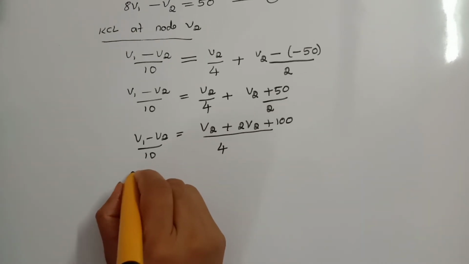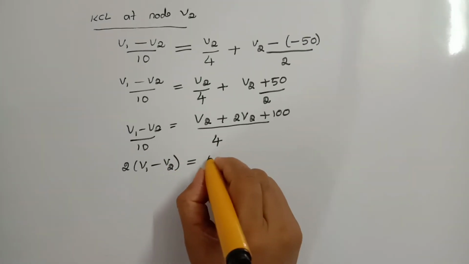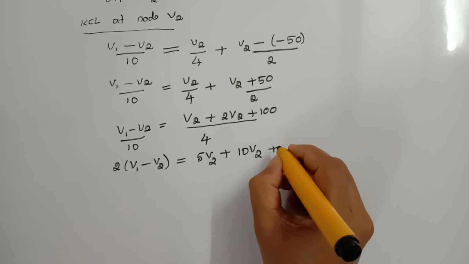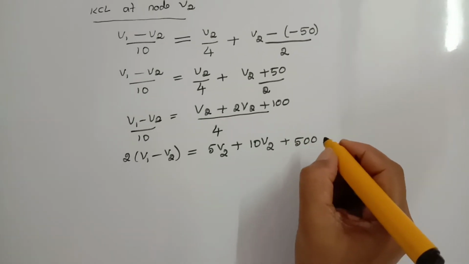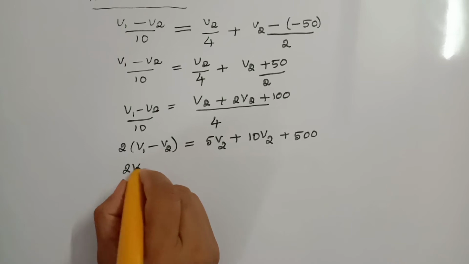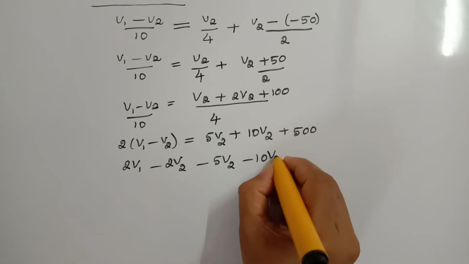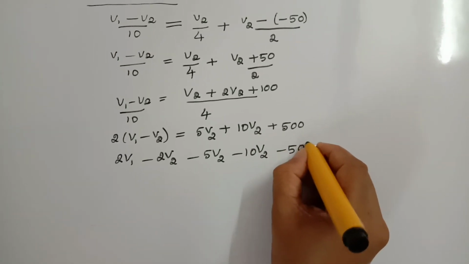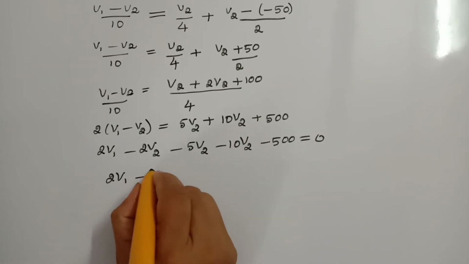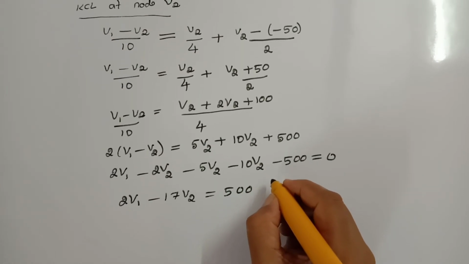Or we will simplify this. 2 times (V1 minus V2) equals 5V2 plus 10V2 plus 500, or we will take all the terms in one side, so it is 2V1 minus 2V2 minus 5V2 minus 10V2 minus 500 is equal to 0, or it is 2V1 minus 17V2 is equal to 500, the second equation.